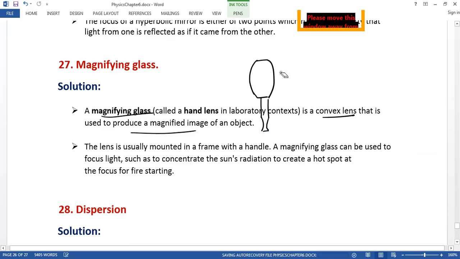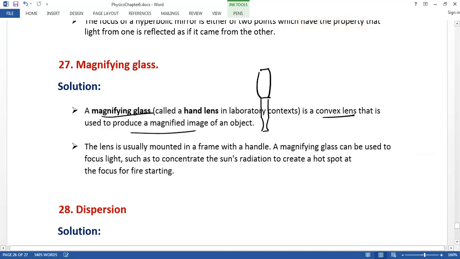I think this diagram is okay. Just leave it, and let us move on to the next one.